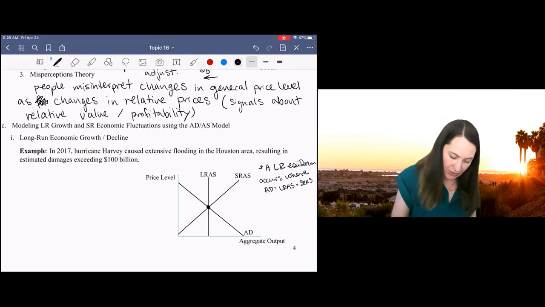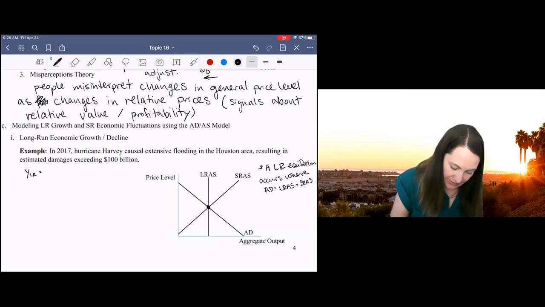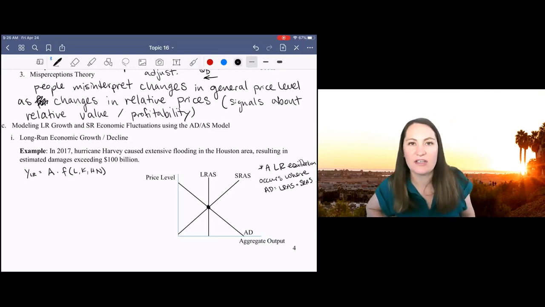And remember that long run output is a function of our inputs and technology, efficiency, and productivity. So only changes in one of those variables will affect long run output.